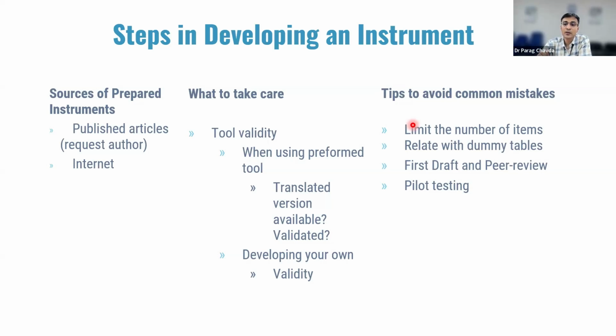When we create dummy tables, we'll realize that in my dummy table, I am probably going to summarize only that much information. And I still have questions on my data collection form which I'm not going to summarize towards the end, right? So they are the candidates who can be removed from my data collection form.